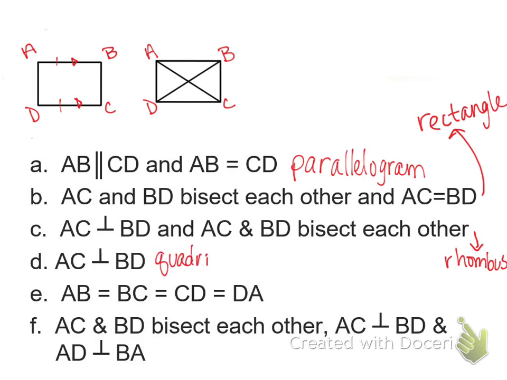I understand why a rhombus is tempting, but if they don't tell us that it's definitely a parallelogram first, we don't really know that we could call it a rhombus. All right, letter E. We know that AB, BC, CD, and DA are all congruent to each other.